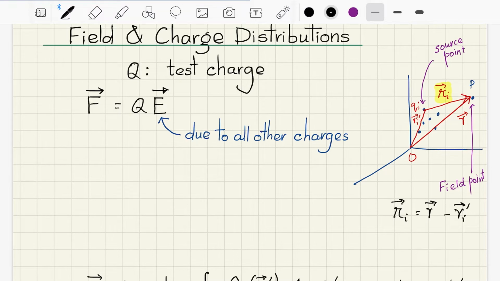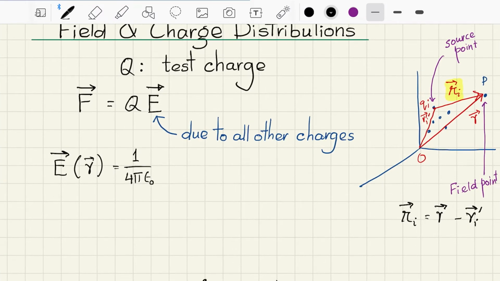In that case, how do I write down my E of R? The field at R, that's the point P. And of course I avoid writing constants K1 and K2, so we write 1 by 4 pi epsilon naught throughout, because this helps me in cancelling factors and is important.